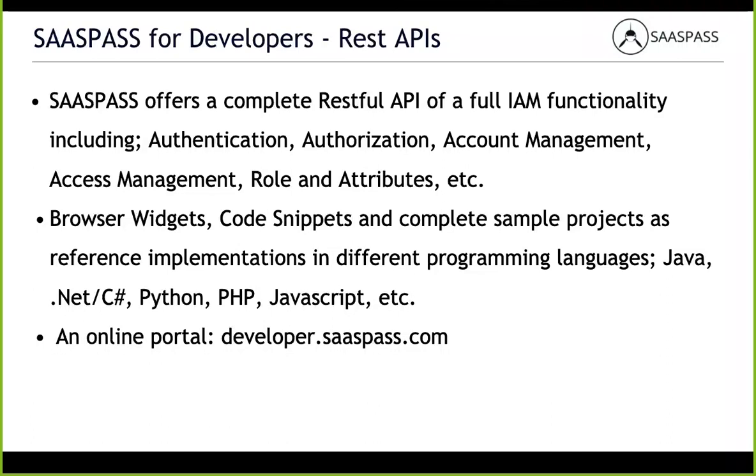This is why we provide all those code snippets and sample projects in all those different programming languages, so you can take any one of them and integrate it on your side. You only need to change the parameters as I mentioned before. So this is about the RESTful API, and you will get a lot of information about it on developer.saaspass.com.